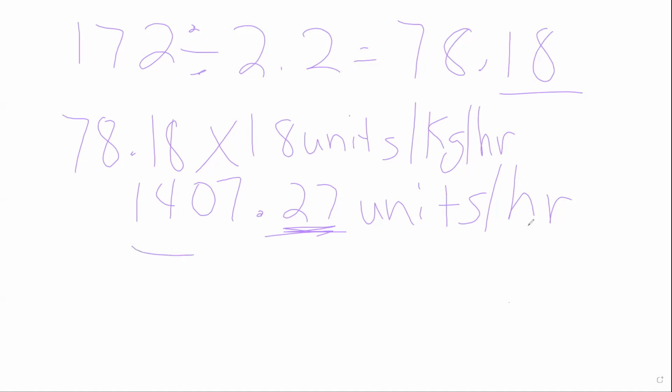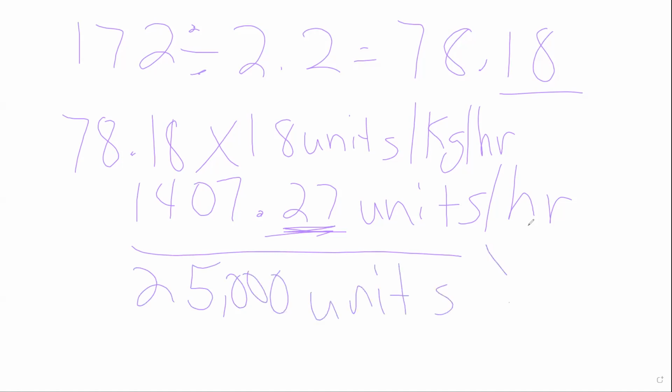Now we can just take this over, and this is why I said it's desired over half, because now we have our desired dose. That's what the doctor ordered. For this patient, the doctor ordered 1,407.27 units per hour. On hand, you have 25,000 units, and your vehicle is your 500 mLs, right? Your units cross out here, and you'll be left up with mLs per hour.